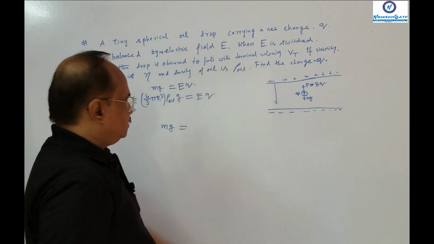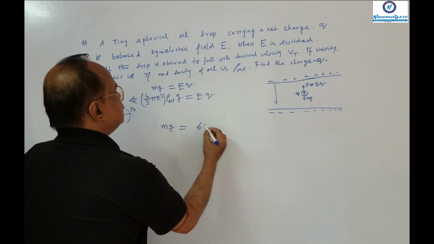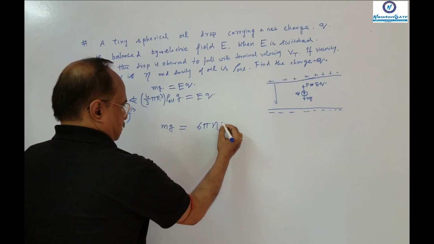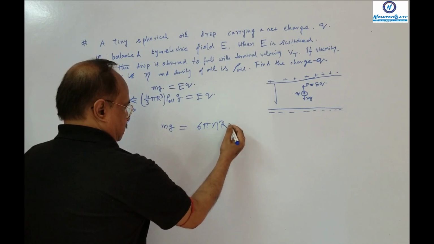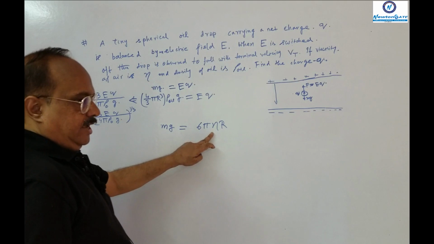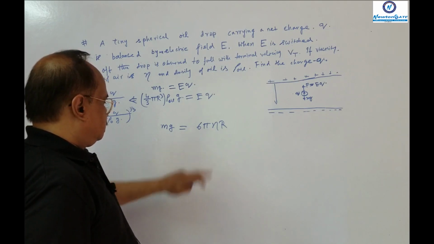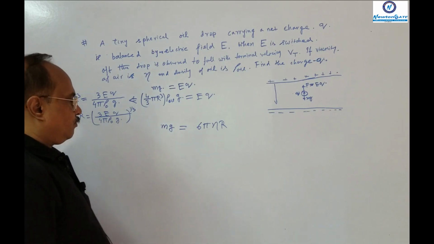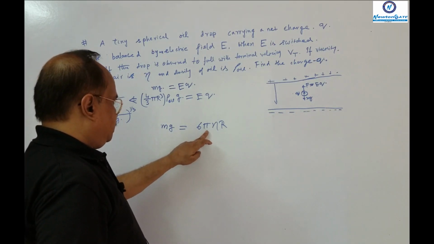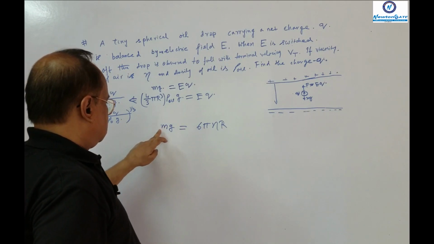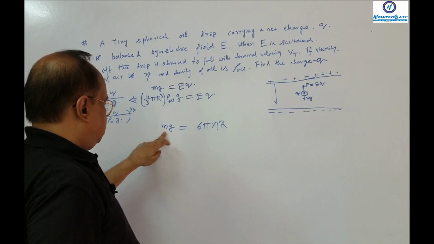of the body downwards, which should be equal to 6 pi eta r v. This is the viscous force acting on it. Now we can get this m.